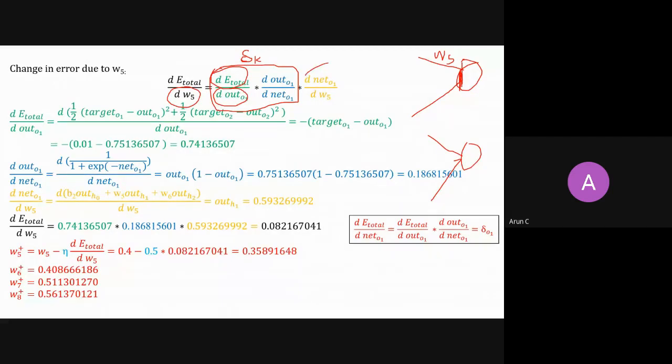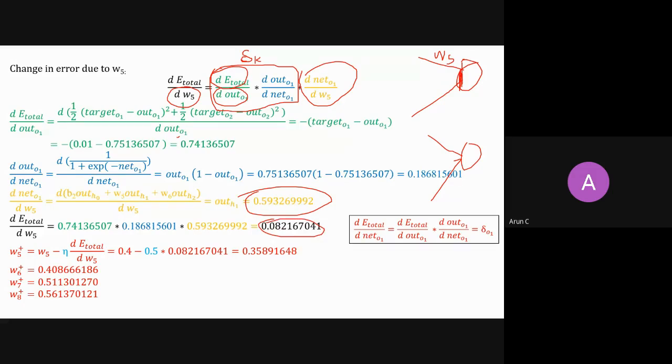Then you multiply finally the same as what I have just explained, and you do all these exercises, you will get the derivative of W5. So you get the derivative of W5 is this, right?